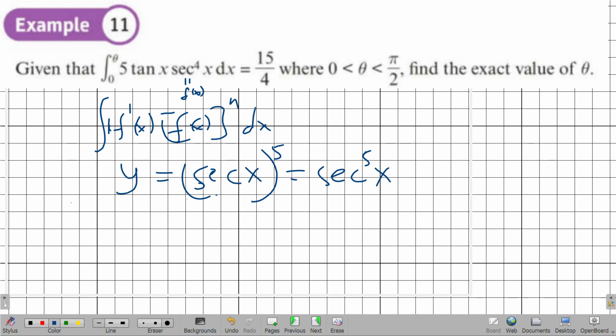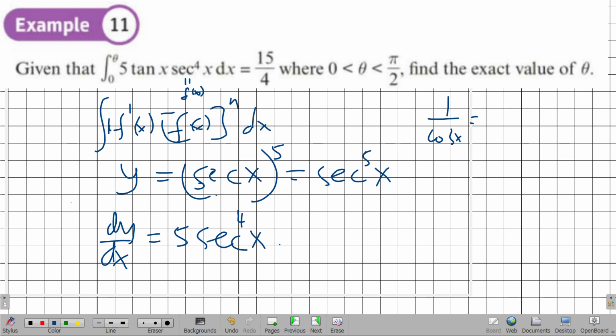So let's say y, let us differentiate this. Dy over dx is equal to 5 sec x to the power of 4. What's the derivative of sec? The derivative of sec should be sec x tan x. Okay, you can just put it and say cosec x here.